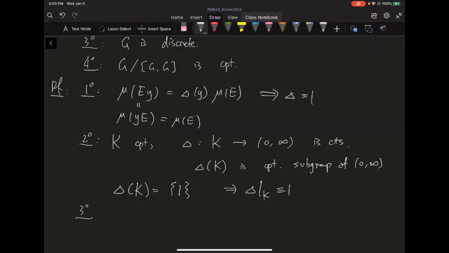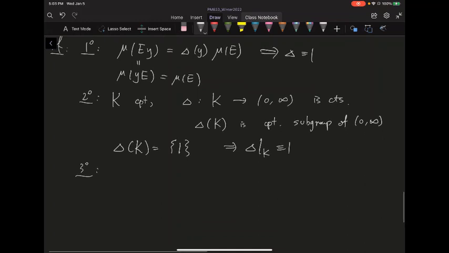The third one, when G is discrete, is kind of trivial. When G is discrete, all your singleton sets are both compact and closed. You can convince yourself that counting measure is both a left and right Haar measure, and the only Haar measures are multiples of it. So because it's both left and right invariant, it's clearly a unimodular group.